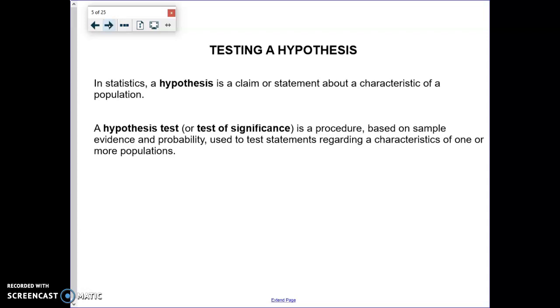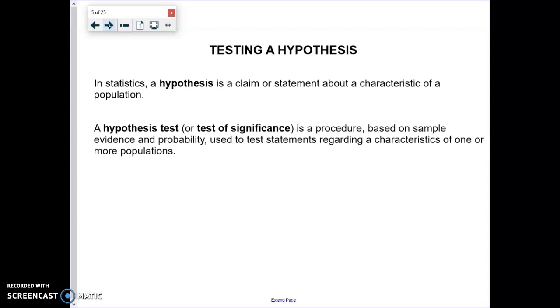We can't use data from the entire population because that's too many people. So we have to take a sample, and see whether the evidence in that sample is strong enough to say that the claim is true or not, okay?